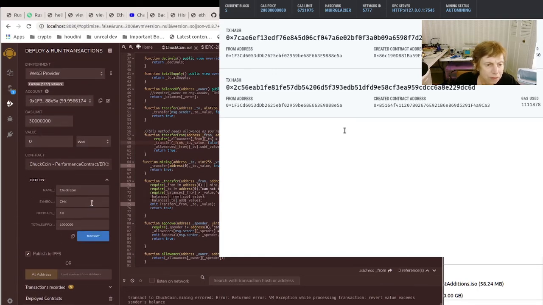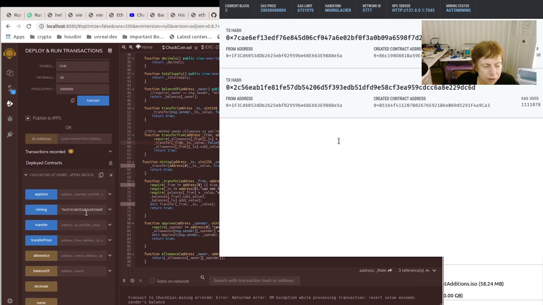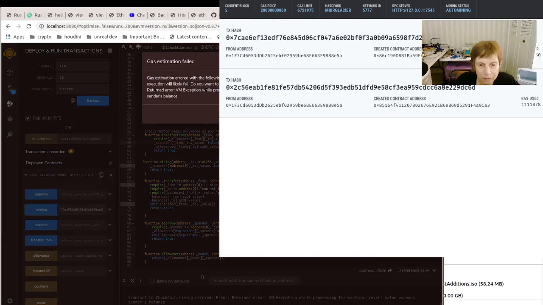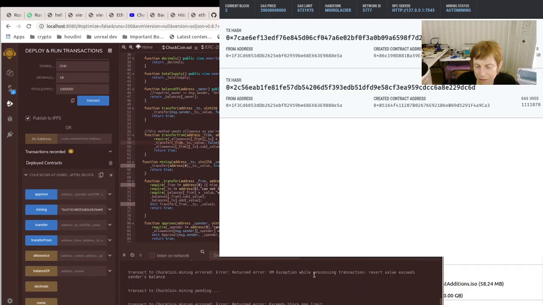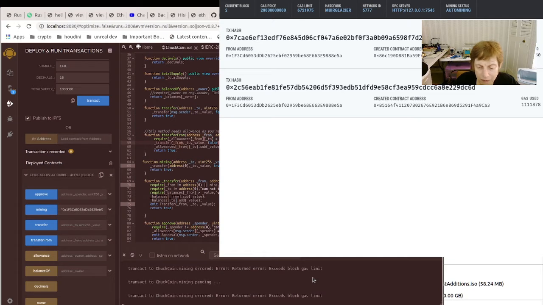So let's make our gas limit, let's just make it really big. I don't know if that's going to work, because it could be that because the initial, well, let's see what happens. Exceeds block gas limit.